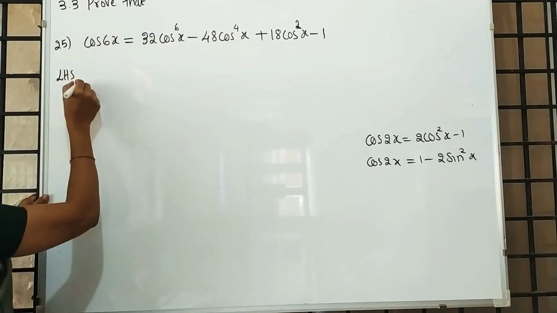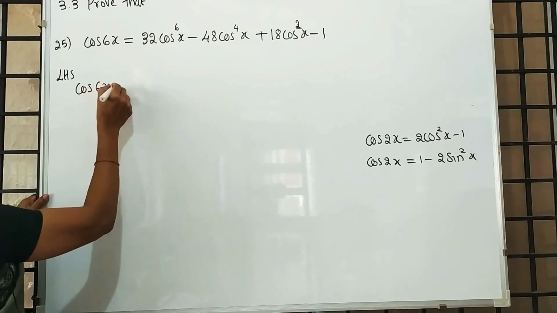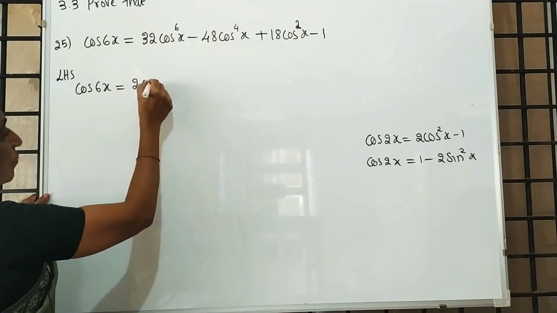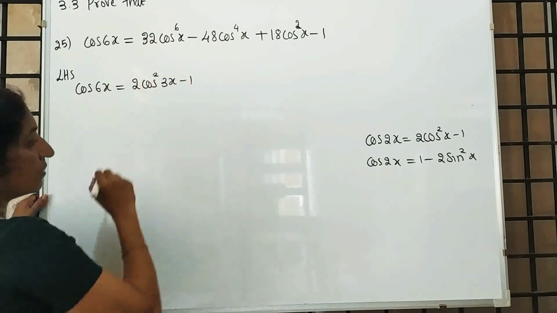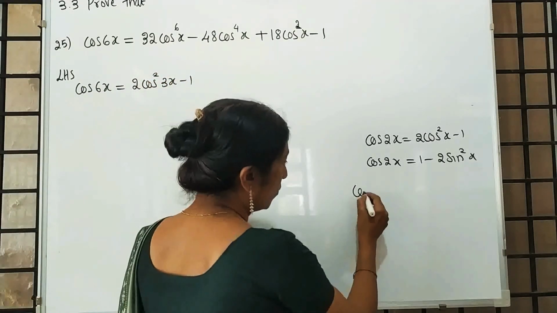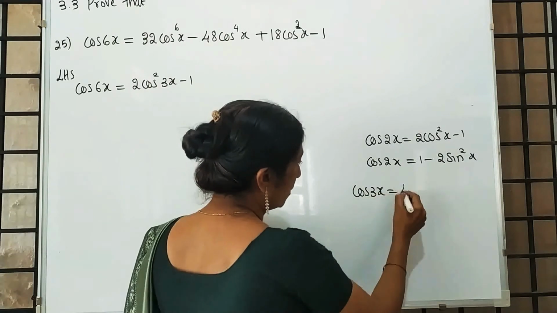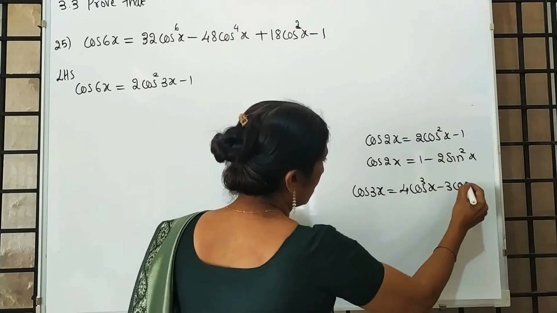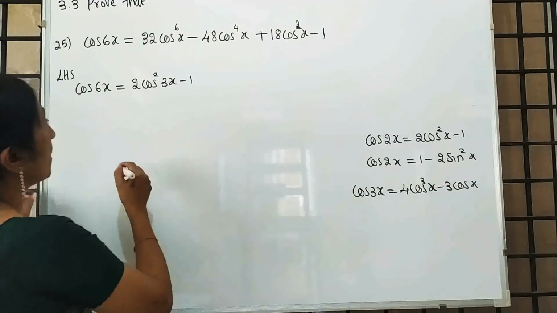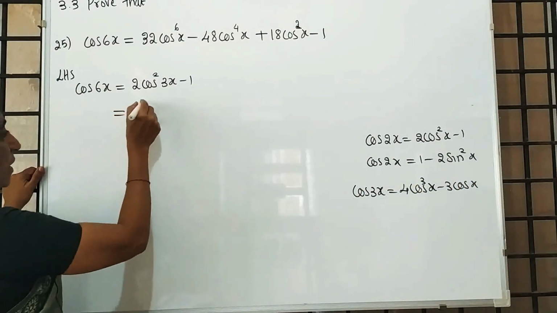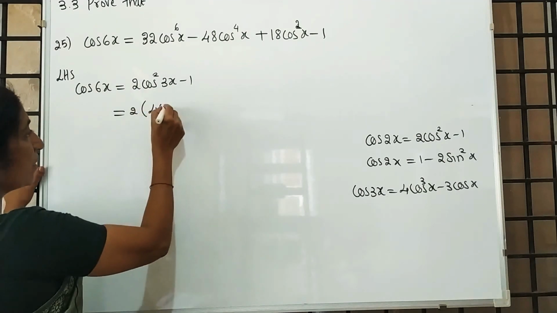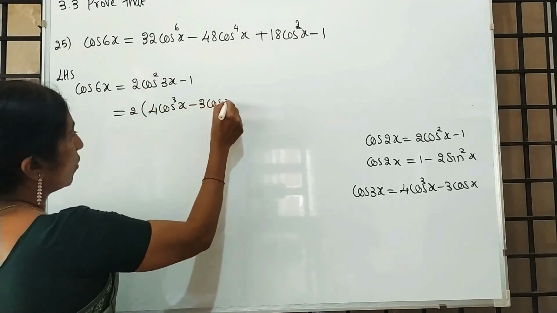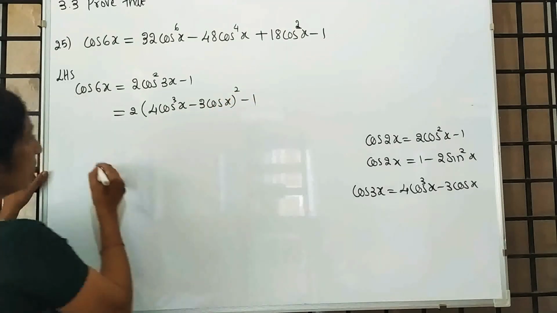Write down the LHS. And what is the half of 6? Half of 6 is 3. So it is 2 cos square 3x minus 1. And have you remembered the cos 3x formula? Yes, 4 cos cube x minus 3 cos x. 2 as it is in the bracket, 4 cos cube x minus 3 cos x whole square minus 1.